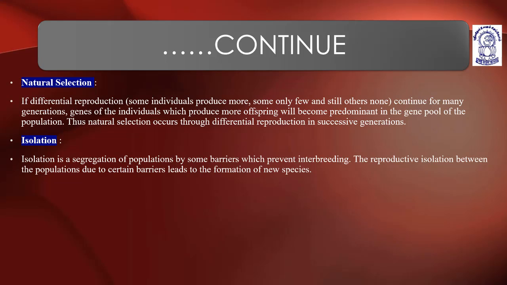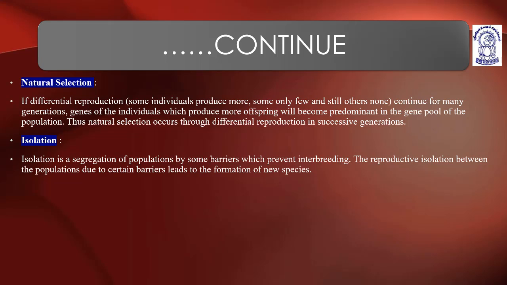So the one which gives more offspring will be predominant in the gene pool, meaning the number of that offspring will be high, right? And that is why the predominant species is the one which will dominate the resources available in that particular area and dominate the space of that area. So space, shelter, and food are some common parameters on which dominance, or natural selection, depends.